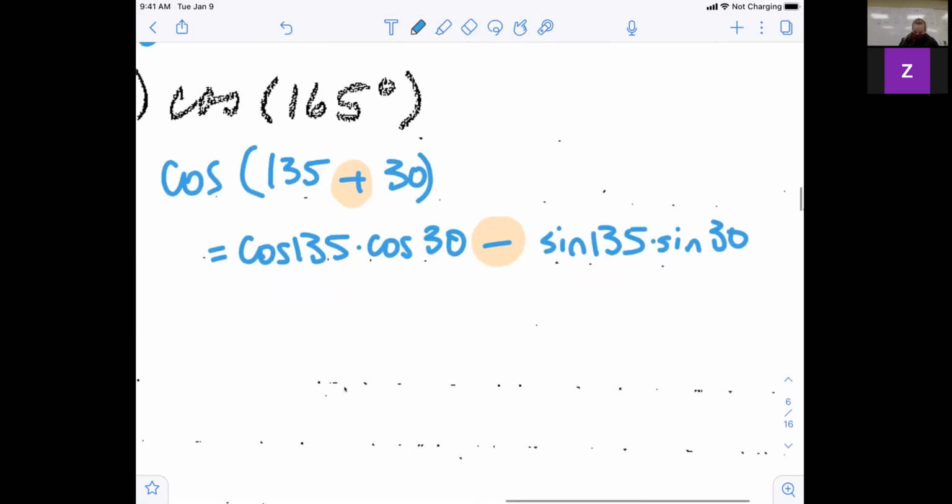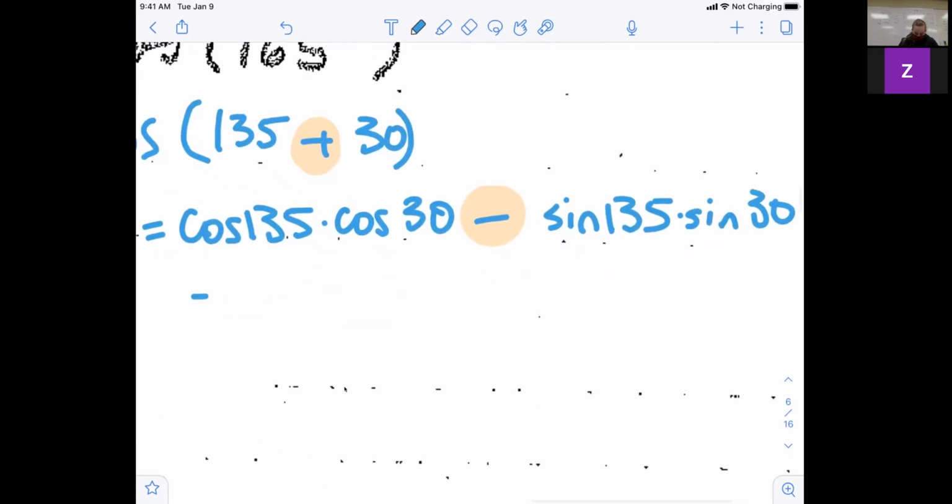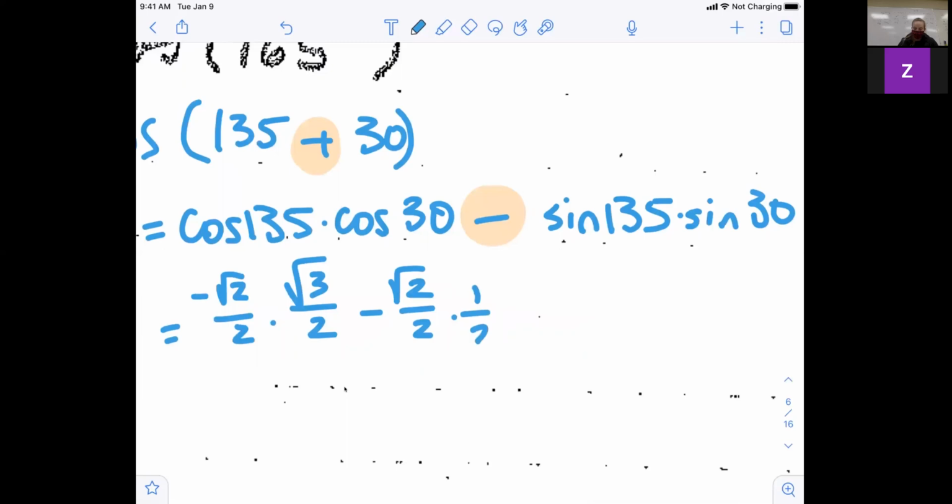Cosine of 135 is going to be negative root 2 over 2. Cosine of 30 is root 3 over 2. Sine of 135 is root 2 over 2. And sine of 30 is 1/2.